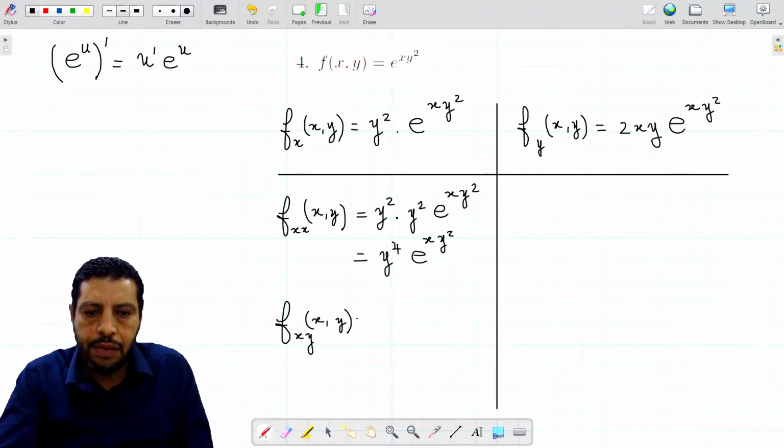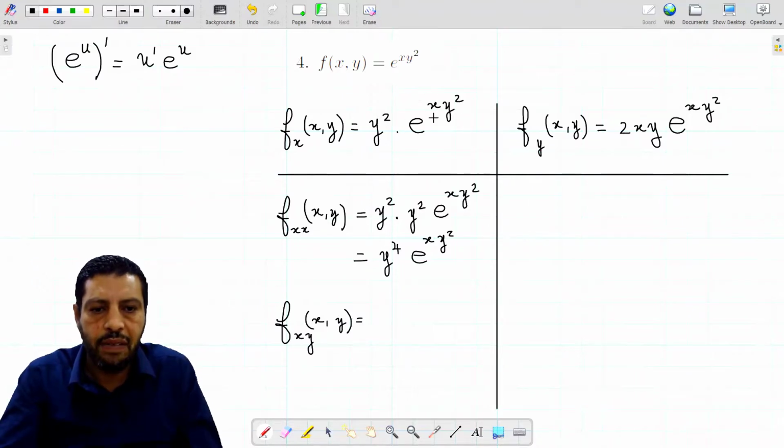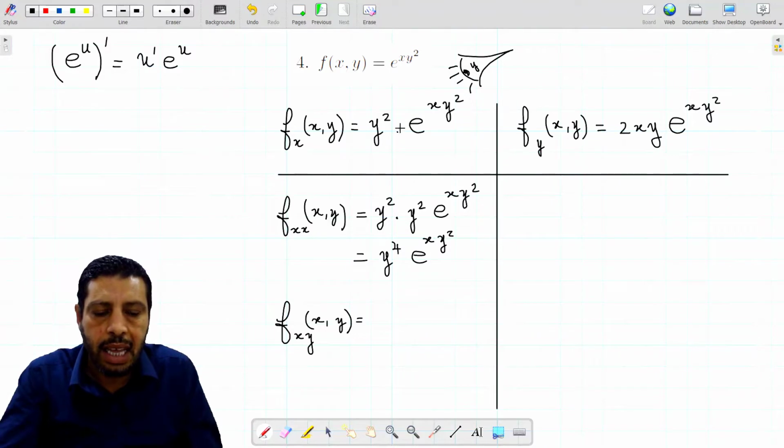Now let's move to fxy. Now, if you look at this expression from a y point of view, so if you place the y here and look at this expression, it's not a constant times an exponential. No, it's a function of y, which is y squared, times another function of y, which is exponential xy squared. So you have to apply the product rule to get the derivative.